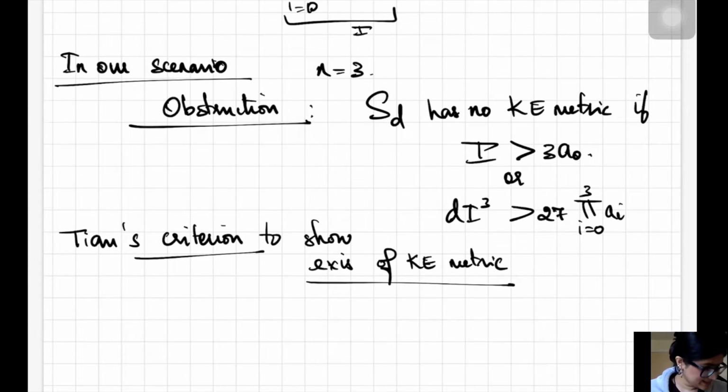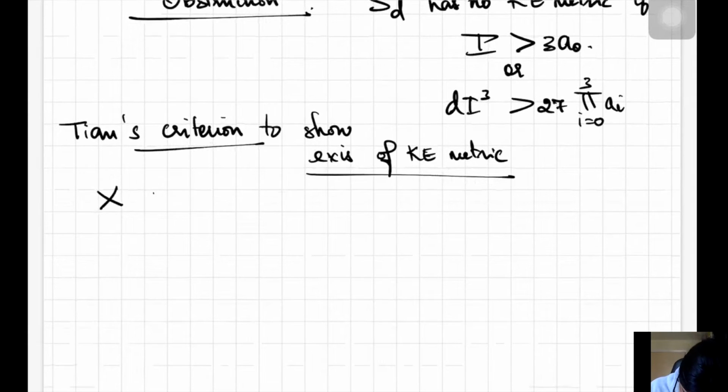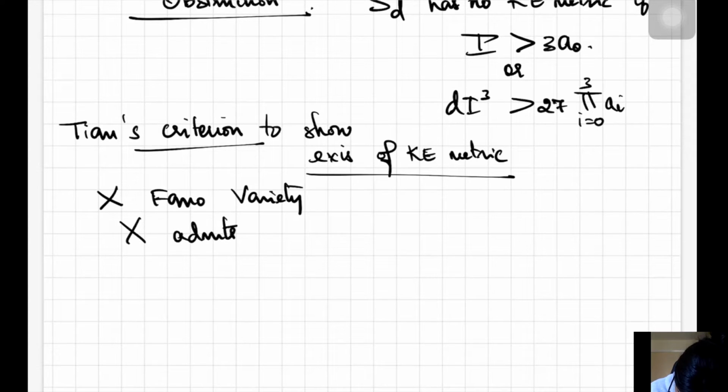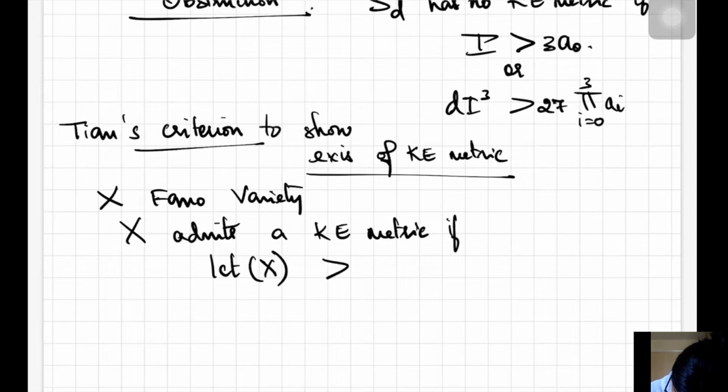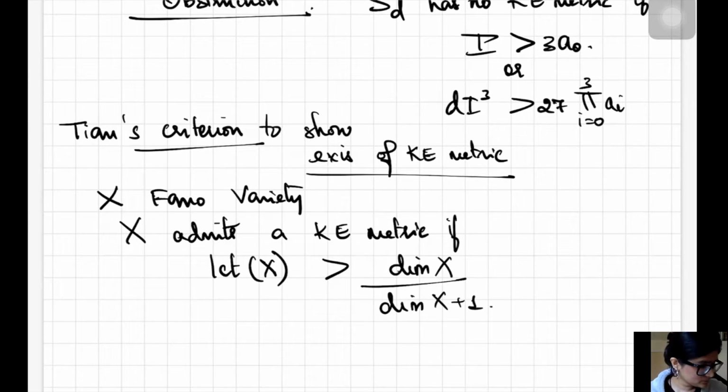This basically states that you have X to be a Fano variety. X admits a Kahler-Einstein metric if my log canonical threshold of X is greater than dimension of X by dimension of X plus 1.